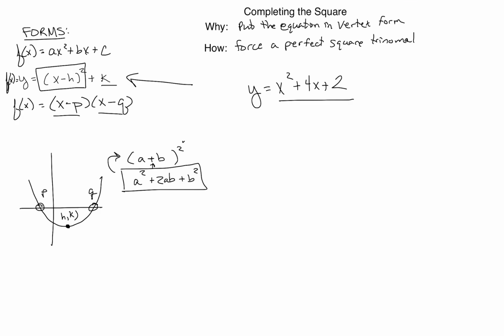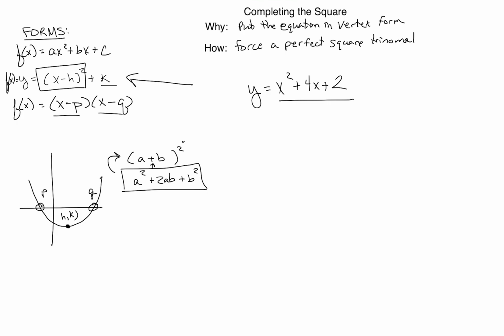And there are a multitude of really great YouTube videos that show the steps for that. And I am going to approach this maybe a little different way of thinking, other than just memorizing the steps of taking your b value in half and squaring it.